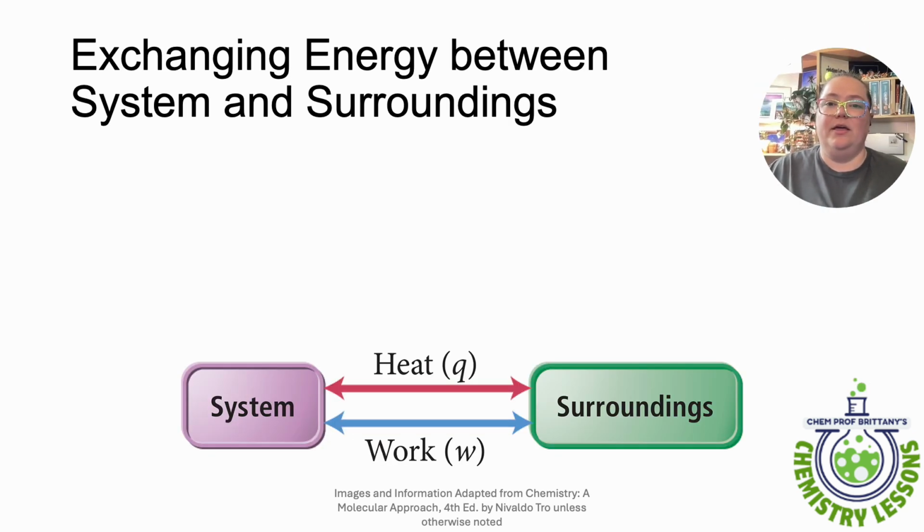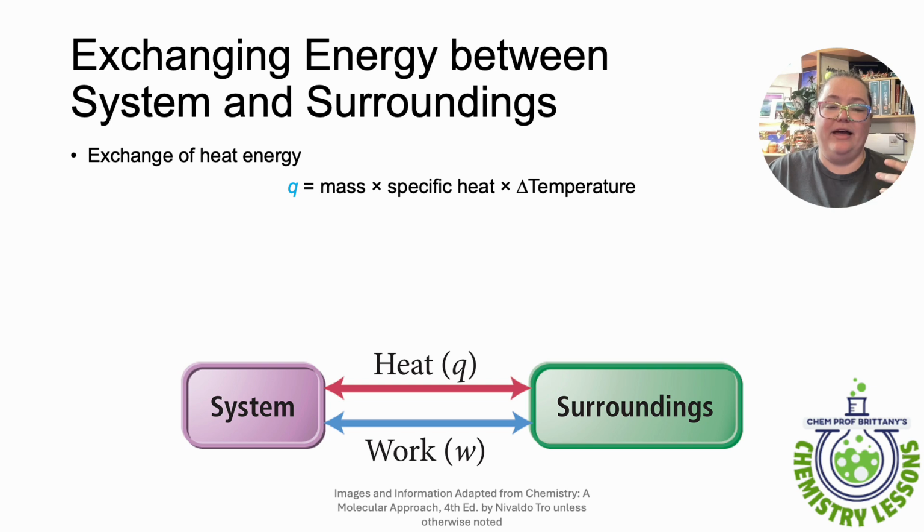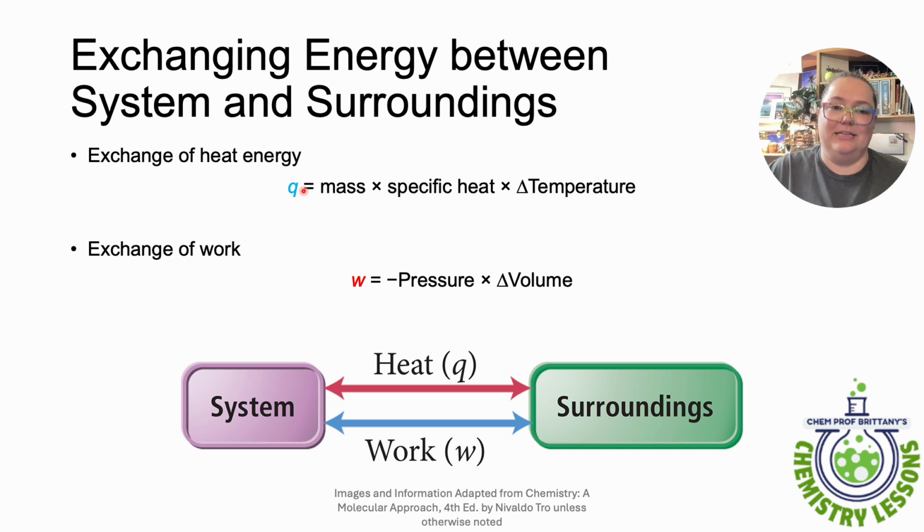Now, we know that an exchange of heat energy, which is Q, and an exchange of work, which is W, is all happening in between the system and the surroundings, and this is where our energy change happens. So remember, change in volume.